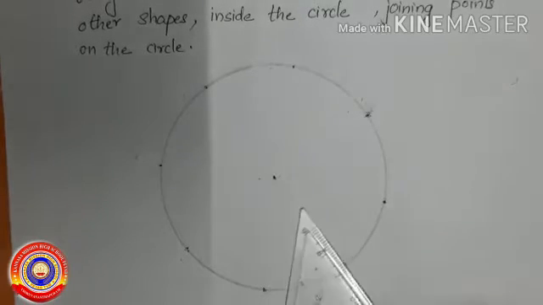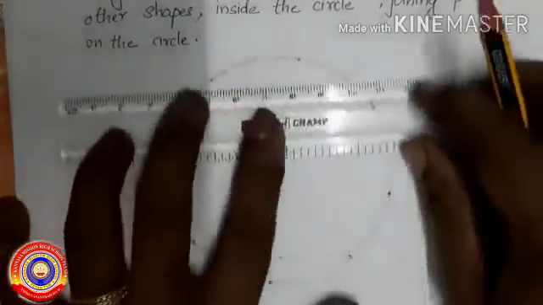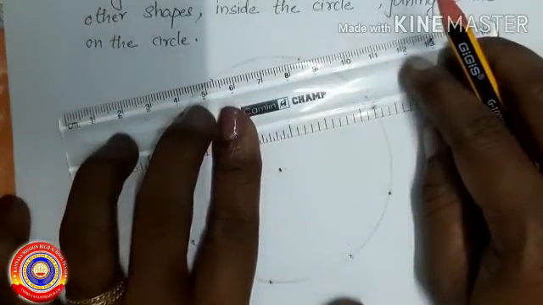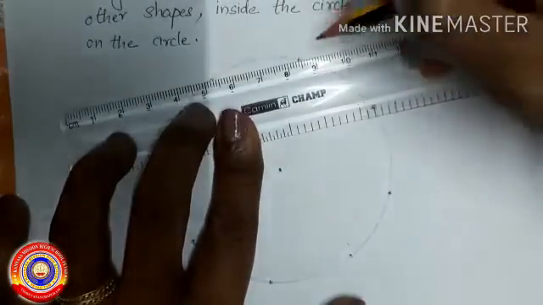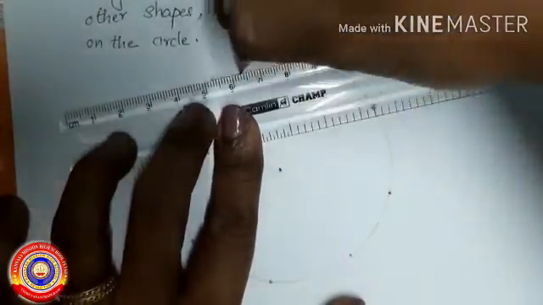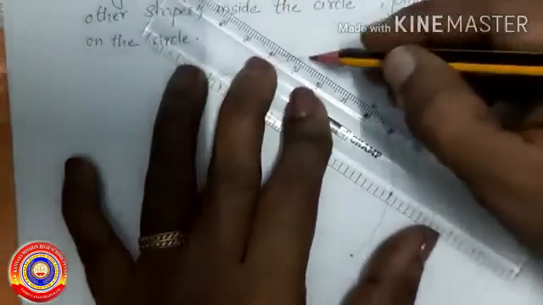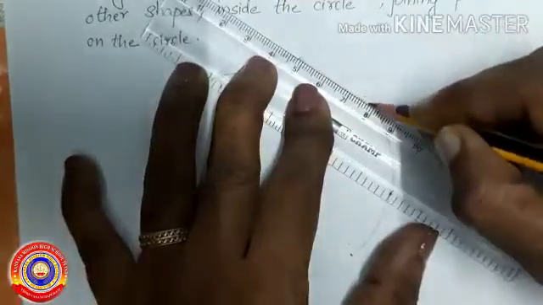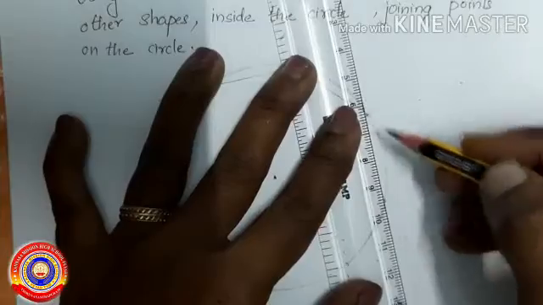Then mark a point. Now we have completed marking the points using one corner of the set square on the circle. Now we have to draw lines joining these points. Next, these 2 points.